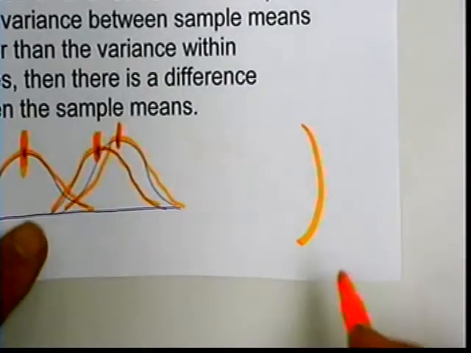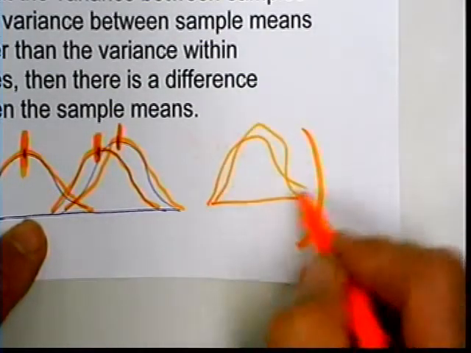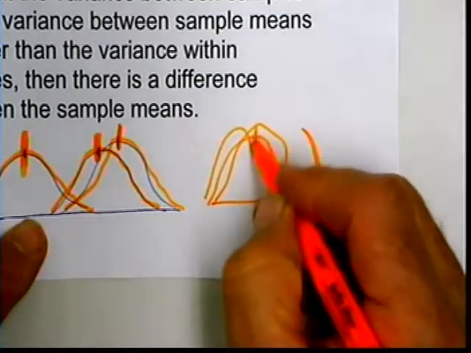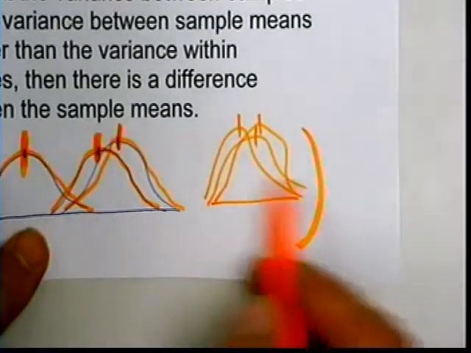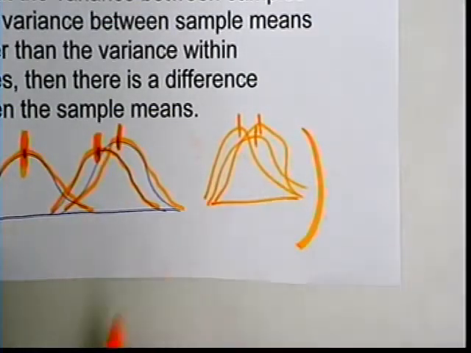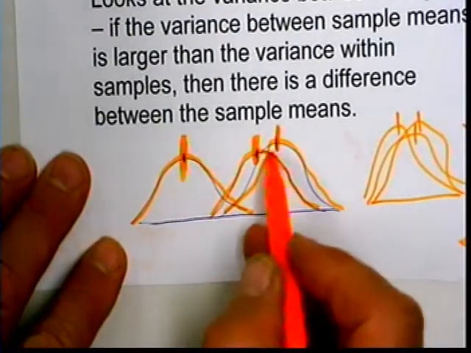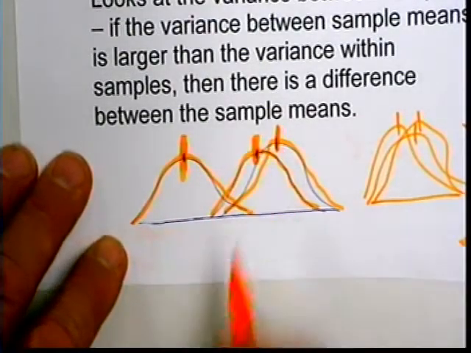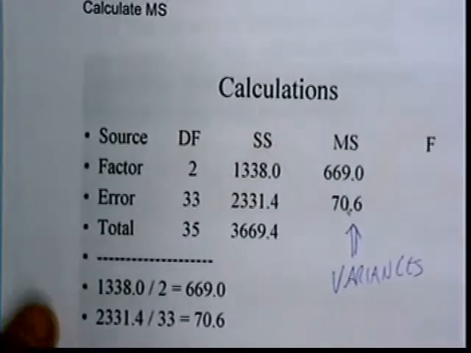Obviously, if all of these three populations had means right there close together, you wouldn't expect any difference between the groups. But in this situation, where this mean is significantly different from those others, then you would expect some sort of a difference.